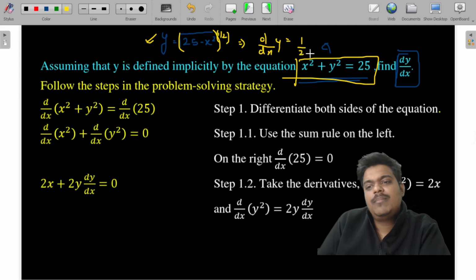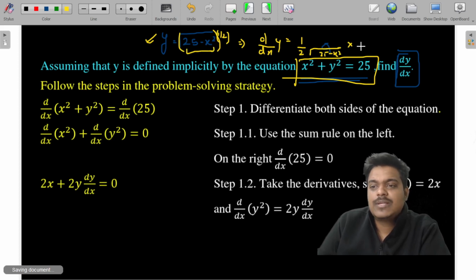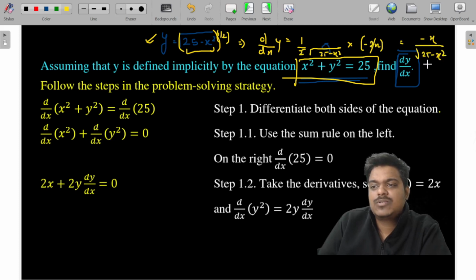So this will be 1 by 2 root over 25 minus x square, because 1 by 2 minus 1 is minus 1 by 2, so it comes to the denominator, into the differentiation of this value. So 25 differentiation is 0 minus 2x, so this is minus 2x. This is the answer, minus x divided by root over 25 minus x square.